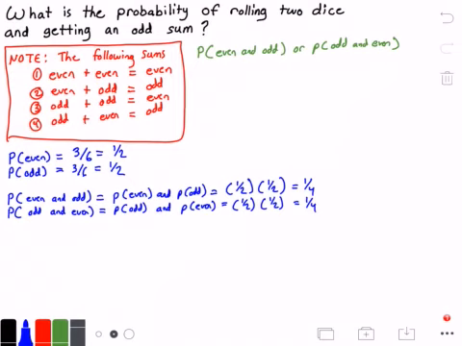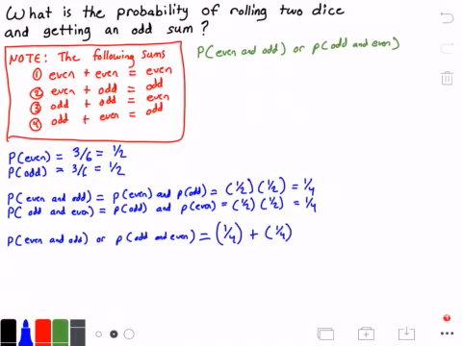All right. So now, what's the probability of us getting an even and odd value, or the probability of us getting an odd and even value? Well, this is equivalent to 1/4, because the probability of us getting an even and odd is 1/4, plus 1/4, because the probability of us getting an odd and even number is also 1/4.